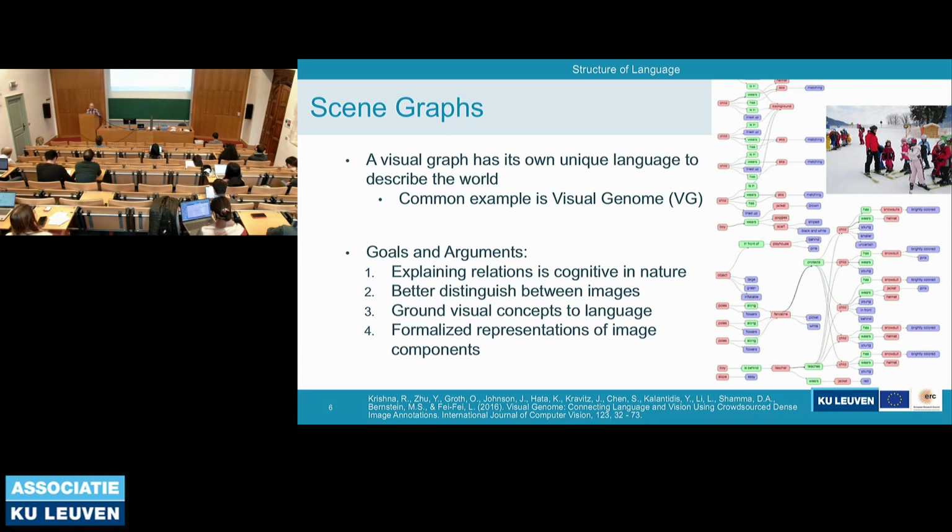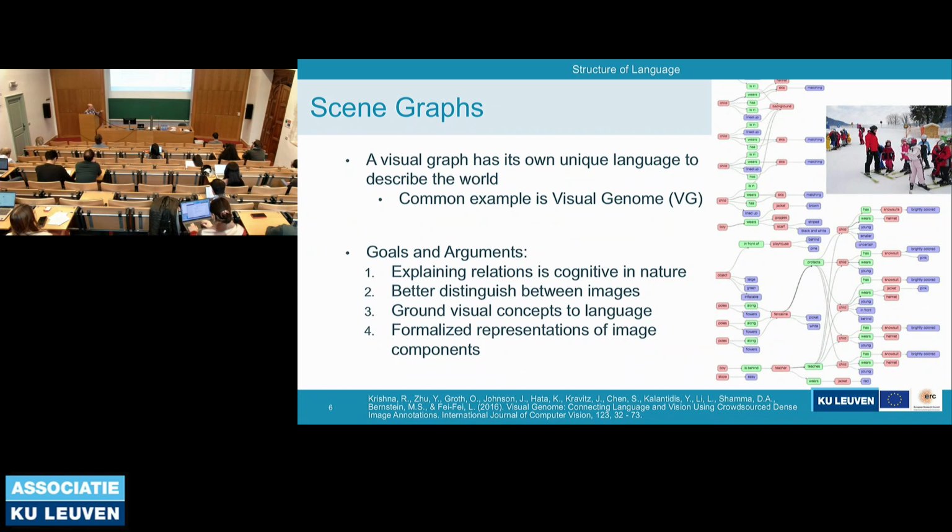If you only look at objects, they said it's very hard to discern between 2 images, but once you incorporate the relations and attributes, the representation becomes much more unique. So their motivation was that such a graph should allow for better grounding of concepts and formalize the representation.